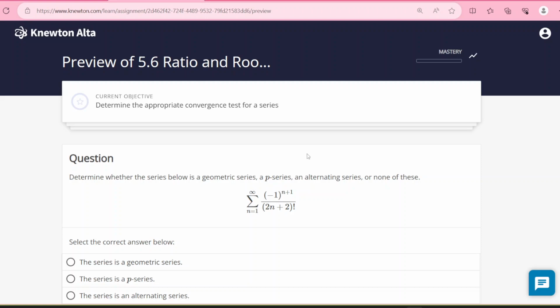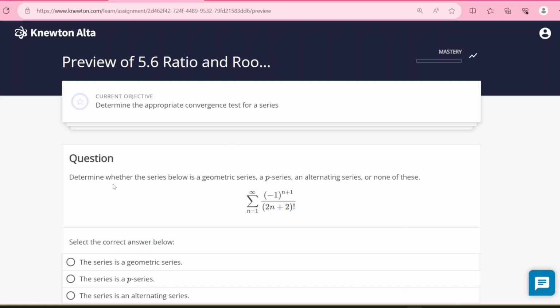You had comparison tests, direct comparison and limit comparison. You had alternating series tests. If you had an alternating series, are the terms that are alternating going to 0 and decreasing? If so, it was convergent. And then in this section, we're going to see the ratio test and something called the root test.